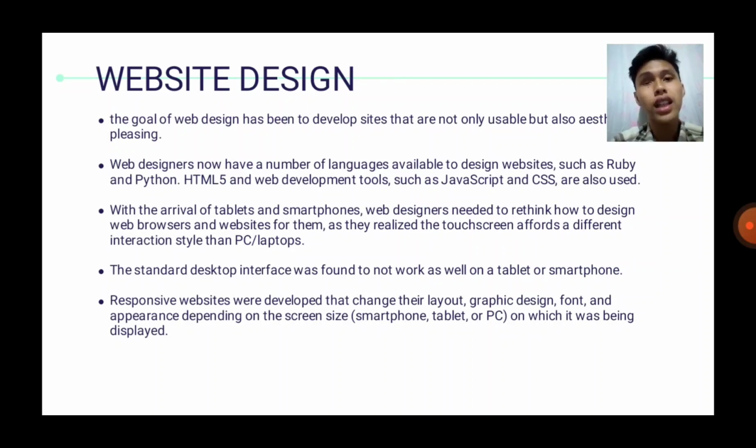The standard desktop interface was found not to work as well on a tablet or smartphone. Responsive websites were developed that change their layout, graphic design, and font appearance depending on the screen size of the smartphone, tablet, or PC on which they are being displayed.